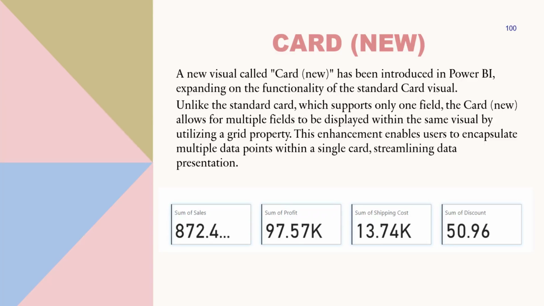In the case of card new, it allows for multiple fields to be displayed within the same visual by utilizing a grid property. This enhancement enables users to encapsulate multiple data points within a single card, streamlining the data presentation.